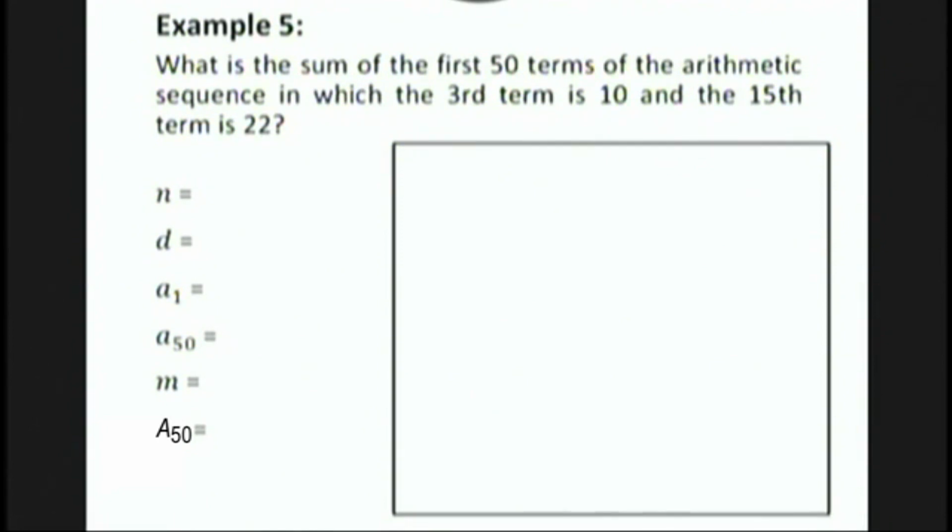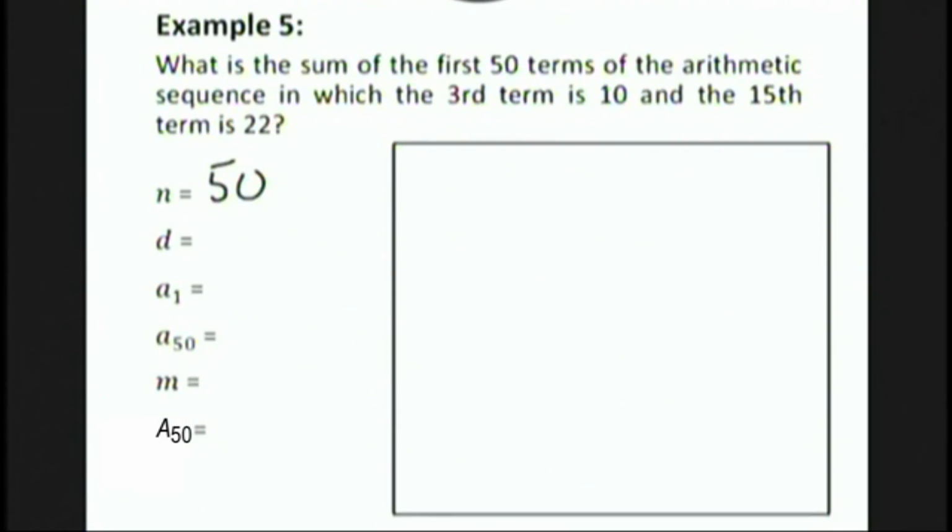Now let's try a harder example. What is the sum of the first 50 terms of the arithmetic sequence in which the 3rd term is 10 and the 15th term is 22? Well, n here is 50, since we want to add up 50 terms of the arithmetic sequence.